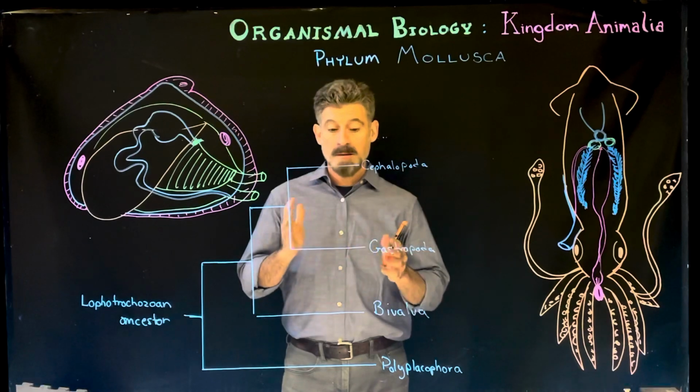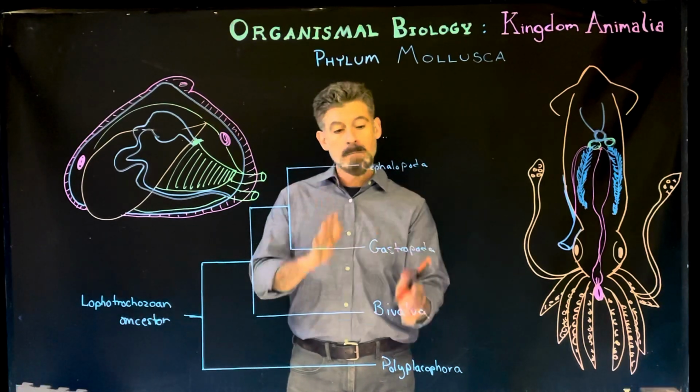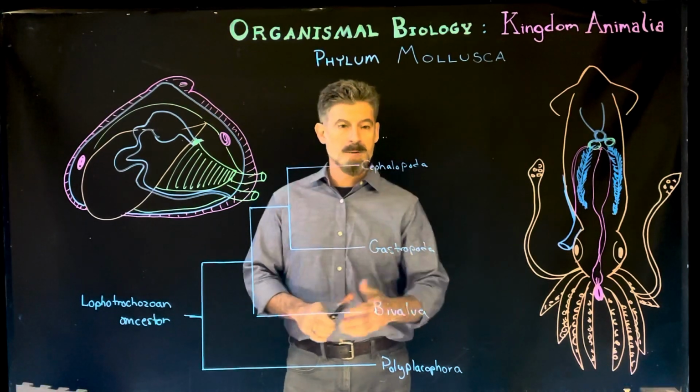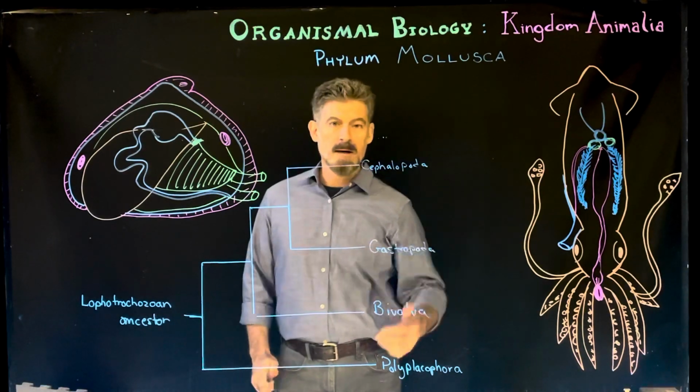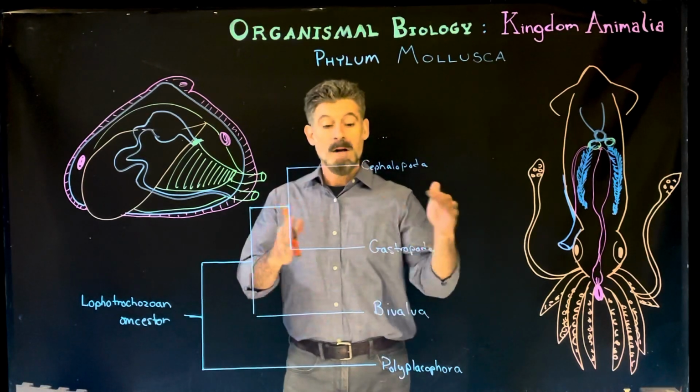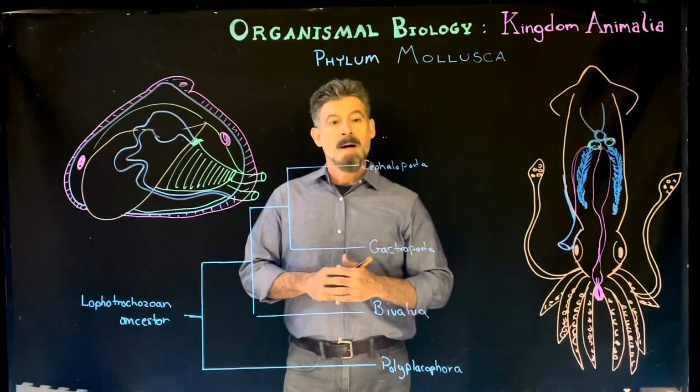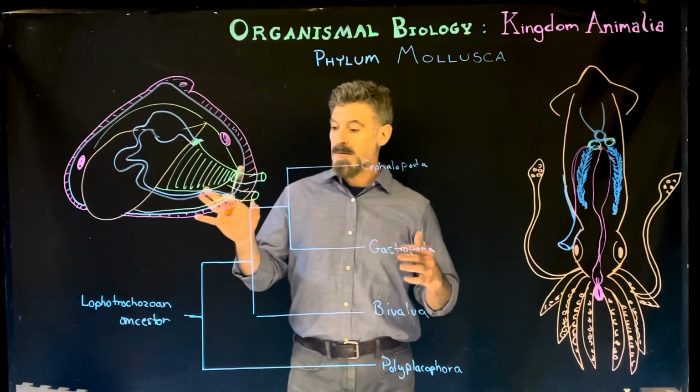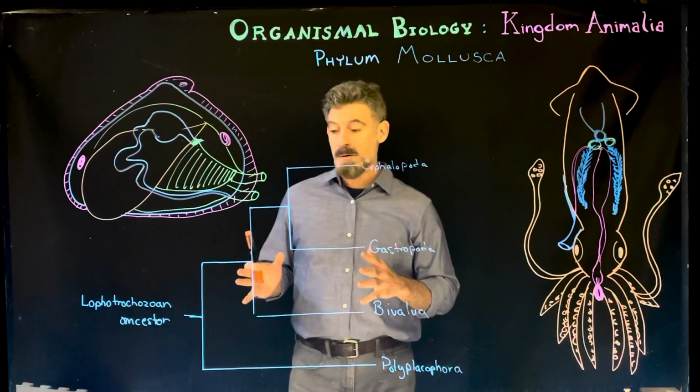So the mollusks can be broken into more groups than this, but these are sort of the major groups. Sometimes you'll only see even these three as the major groups, but there are even others that are not included on here. So what we have is some type of ancestor that was a Lophotrochozoan ancestor.